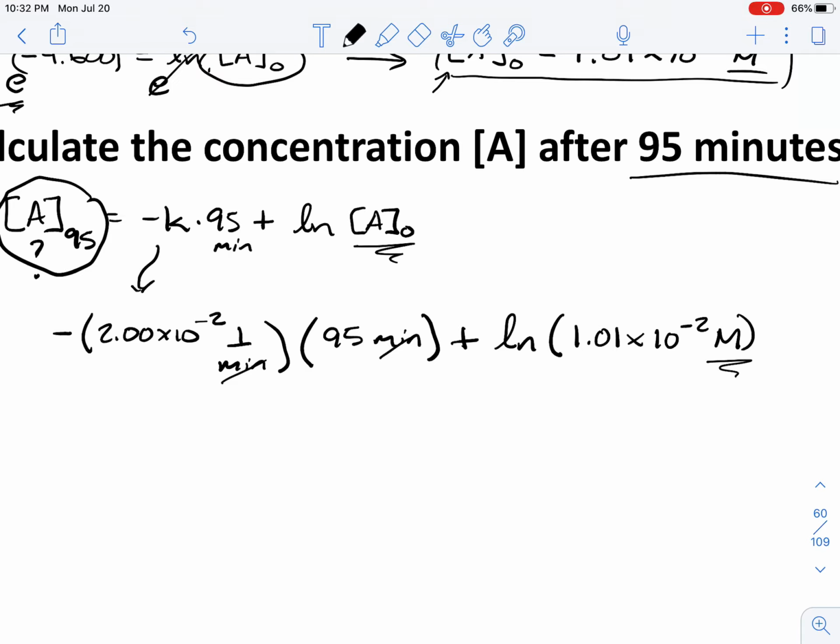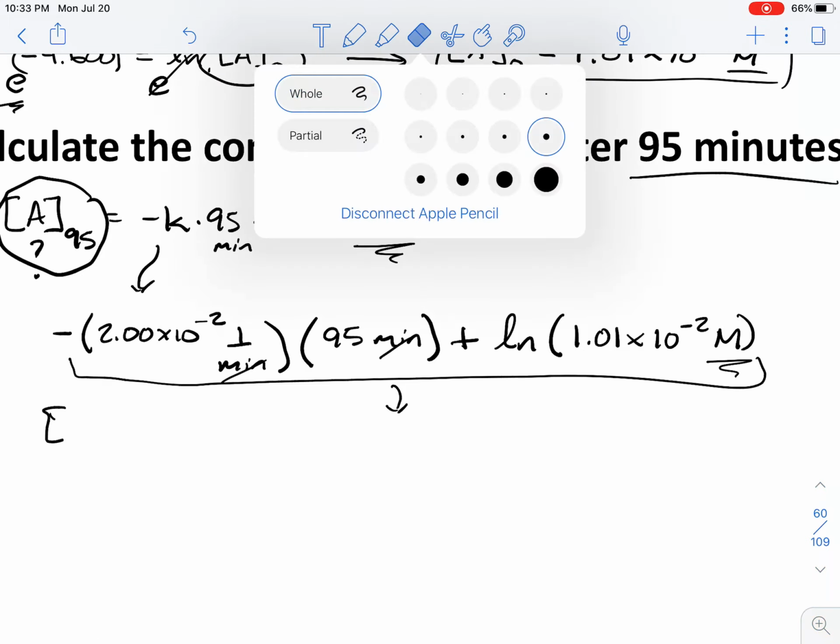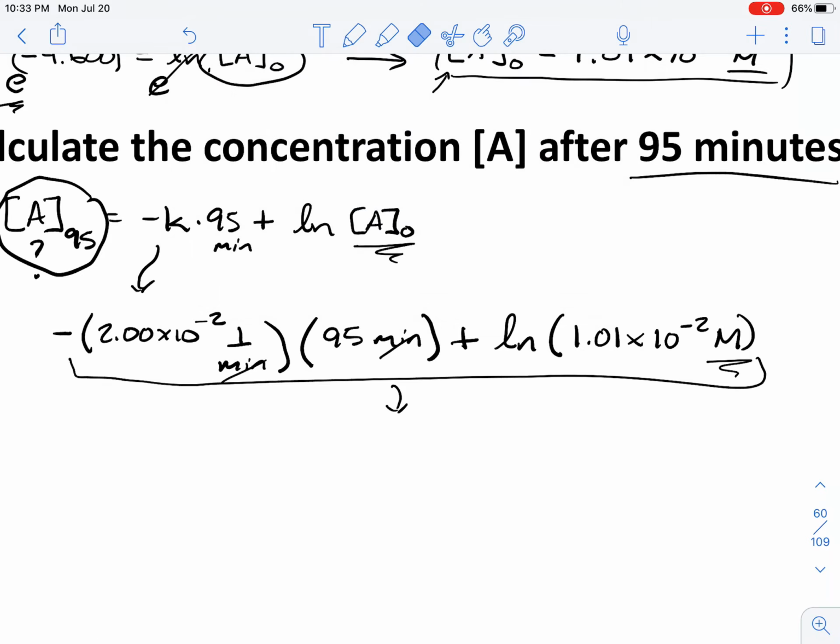And so if I were to plug in all of these terms in the calculator, let's see here, I am going to get negative 1.90 molar.